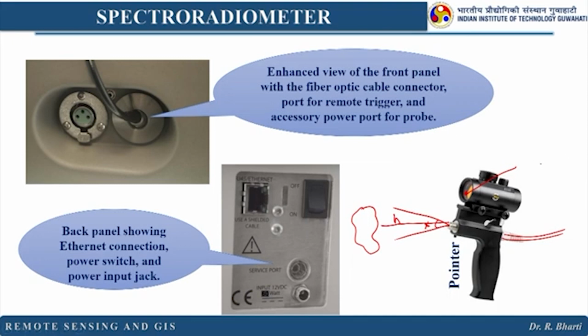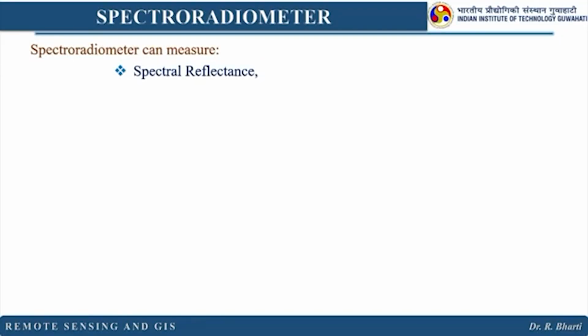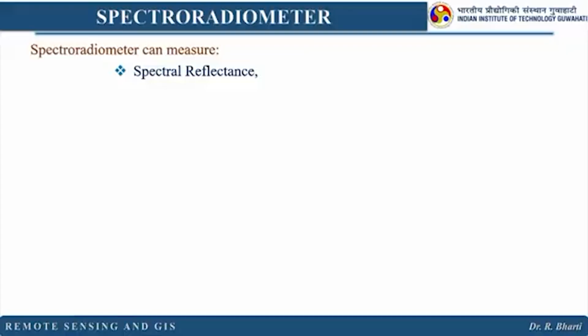So in these spectroradiometers, what exactly can we measure? We can measure spectral reflectance, and why do we call it spectral reflectance? Because here we will have many bands, maybe hundreds, 200 or 500 bands, in narrow bandwidths, right. So here you will have this kind of spectral signature.